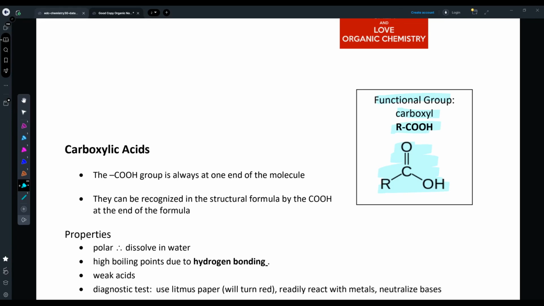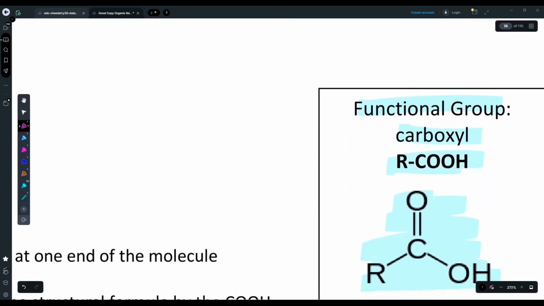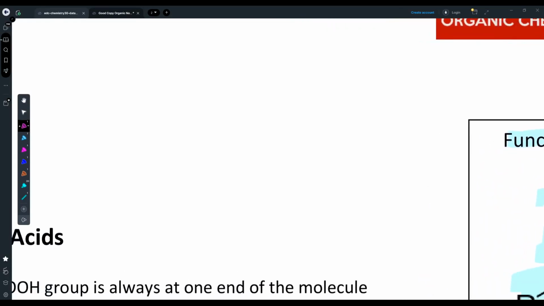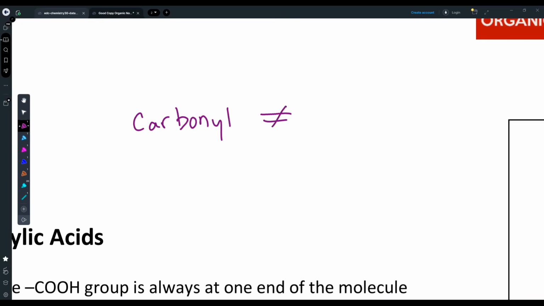One important detail to note: you do have to be careful with spelling here. Carboxyl, that's that COOH, is not the same as carbonyl. Carbonyl is a different type of functional group, so just be aware of that.